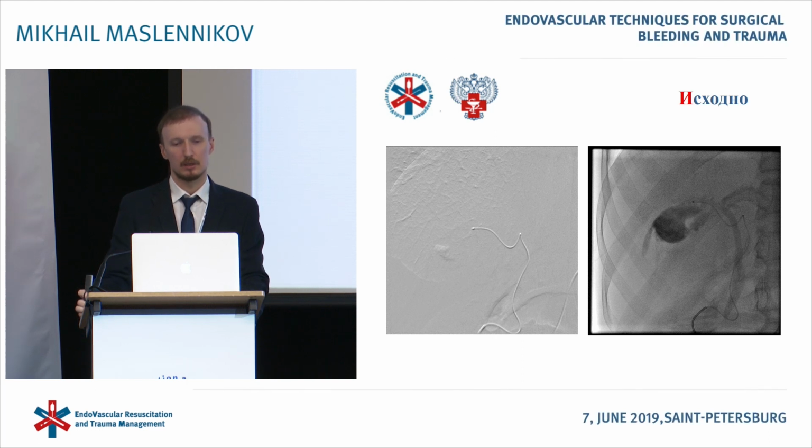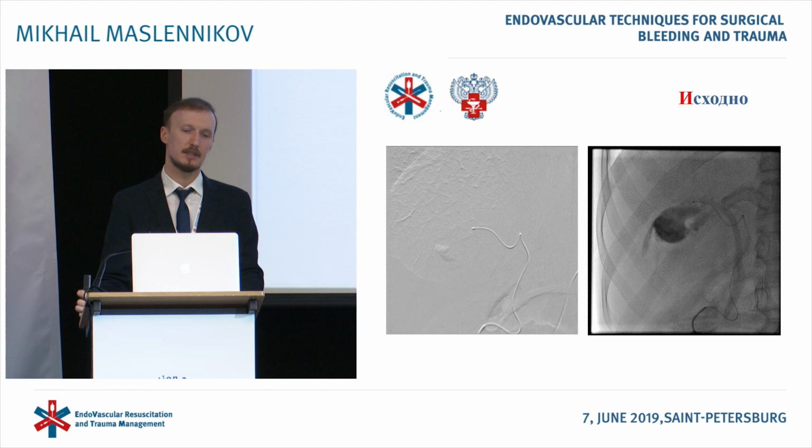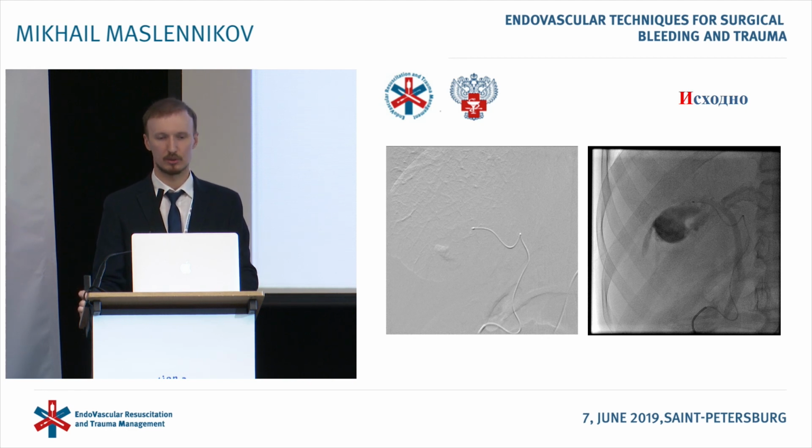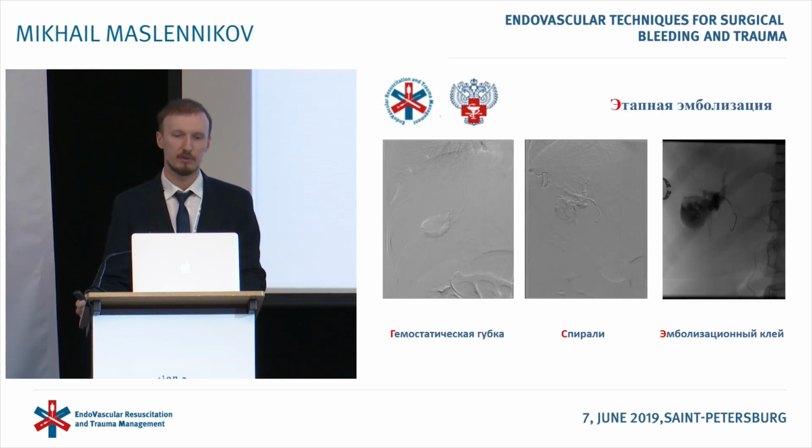She had a congenital anomaly, atresia of the hypogastric trunk, so we used the gastroduodenal artery. We see a pseudoaneurysm of the right hepatic artery with massive intestinal bleeding.